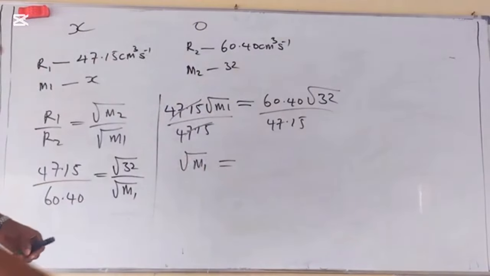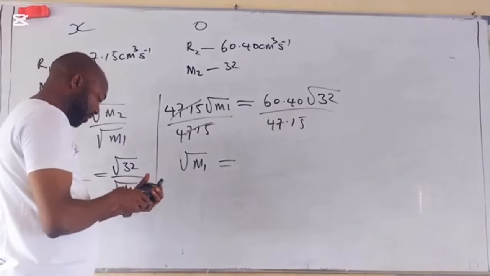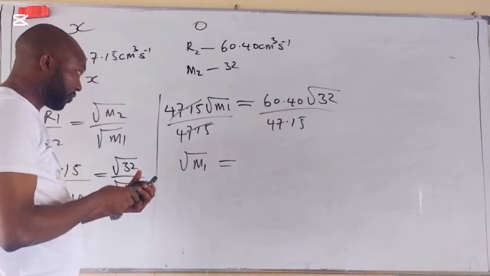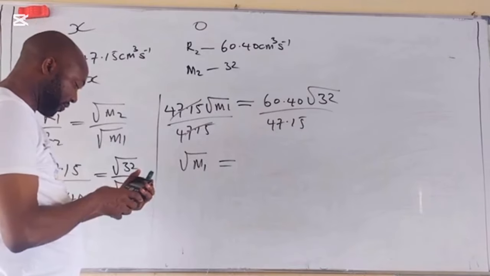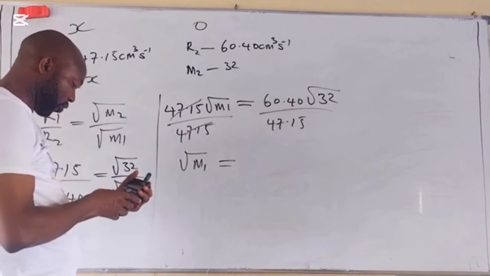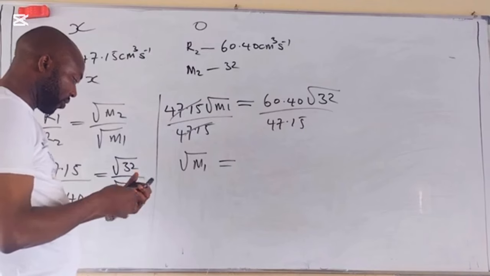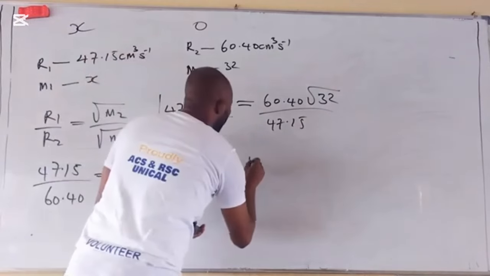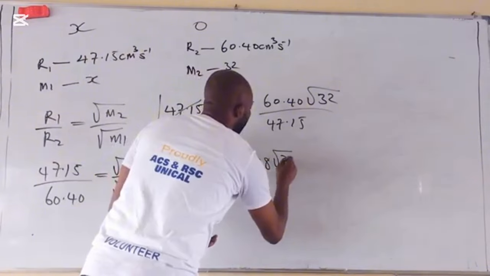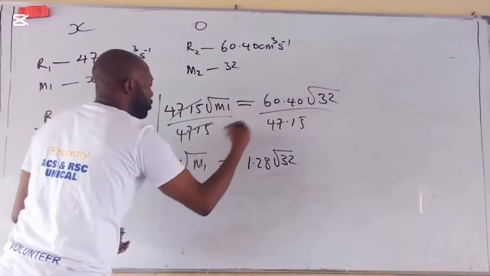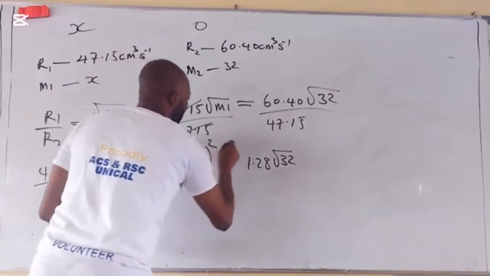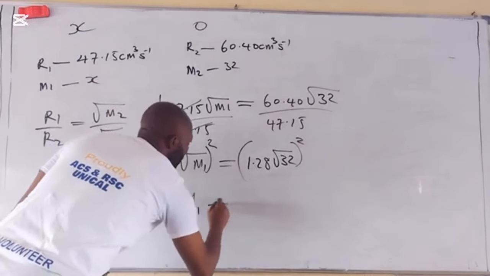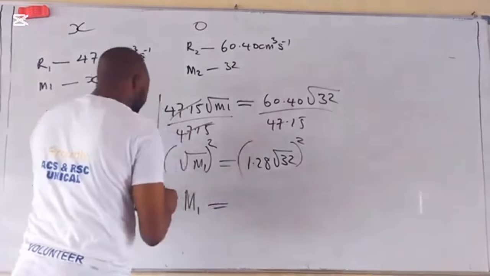Okay, let's take that. 60.40 divided by 47.15 is 1.28. Let's just call it like that. Root M1 is equal to 1.28 root 32. To remove the root, I square both sides. So I now have M1 is equal to 1.28 squared times 32.